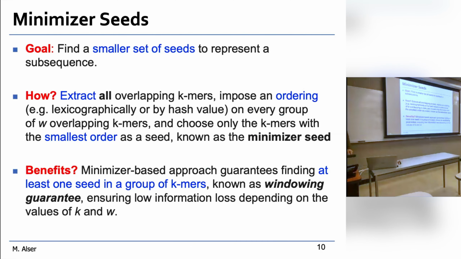All right. Now, what is the goal? I already mentioned that, so it should be very clear. The goal is that we can extract all overlapping seeds, but their number is huge. Do you remember what was the number of overlapping seeds?